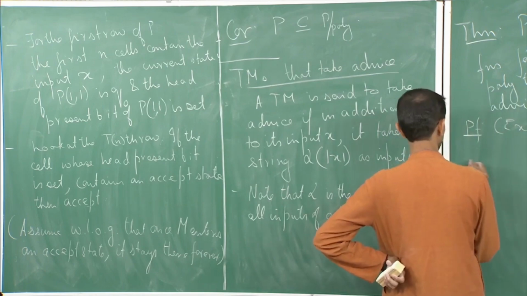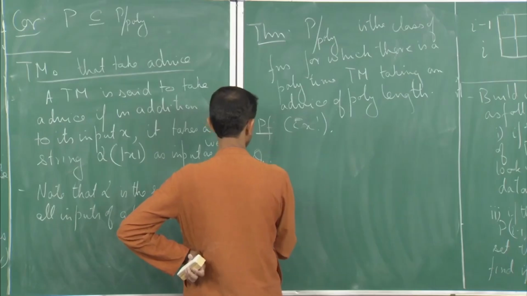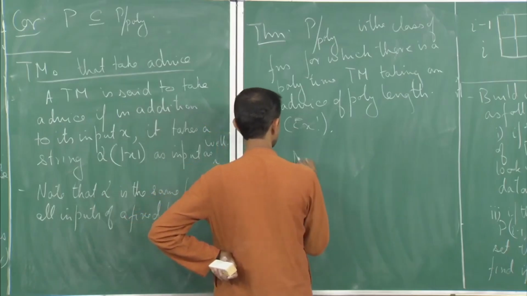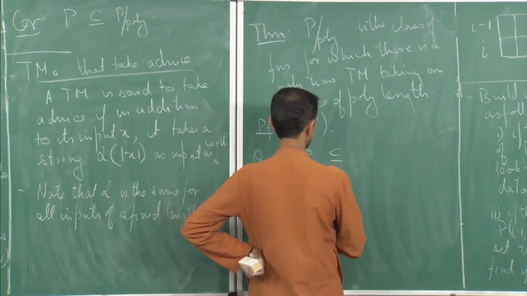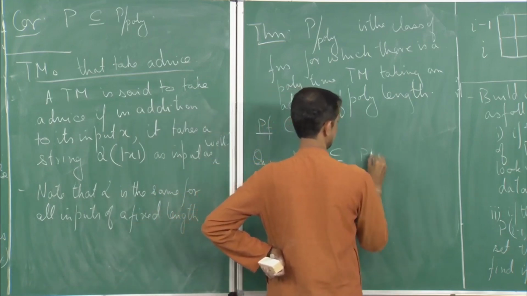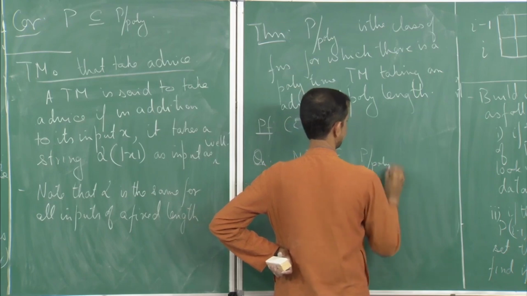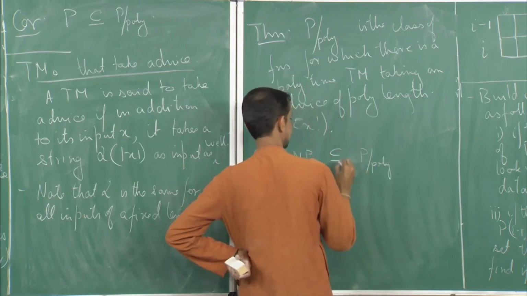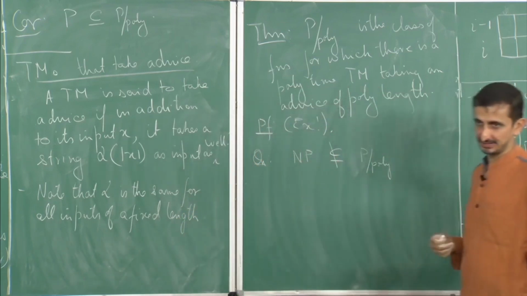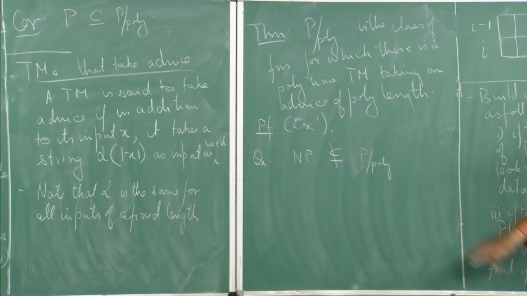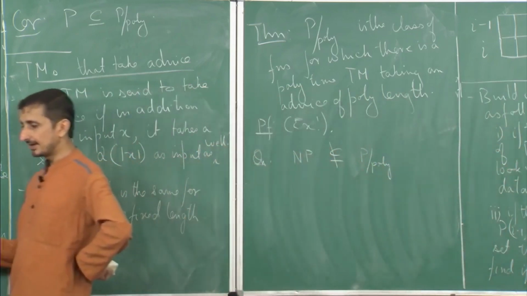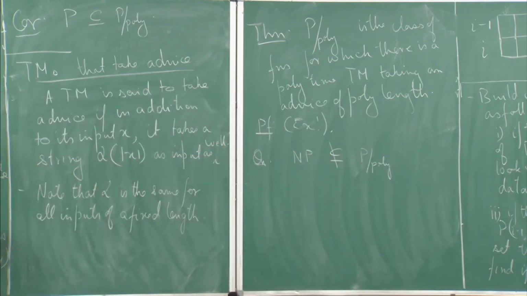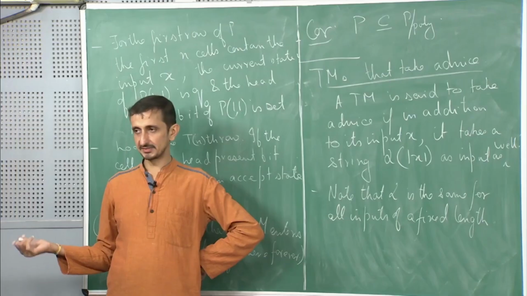The next question that arises is what is the relation between NP and P/poly? For example, can we say that NP is in P/poly, or that NP is not in P/poly? When I say NP is not in P/poly, I mean there is a function in NP which does not have polynomial size circuit.